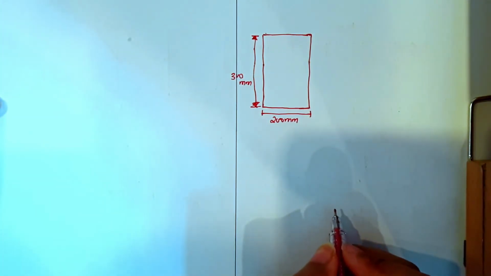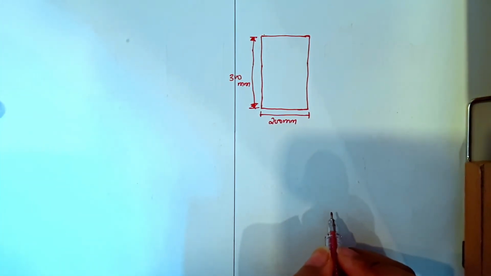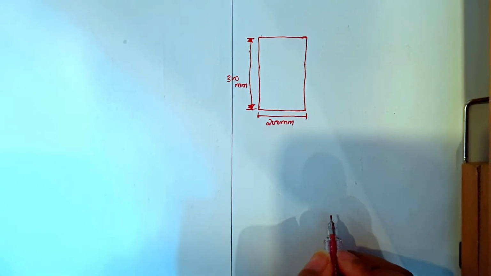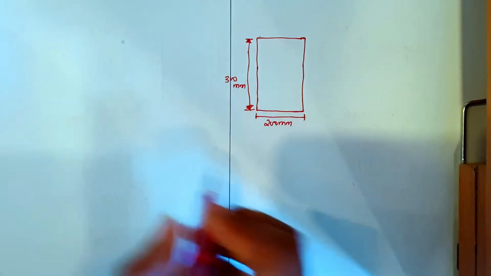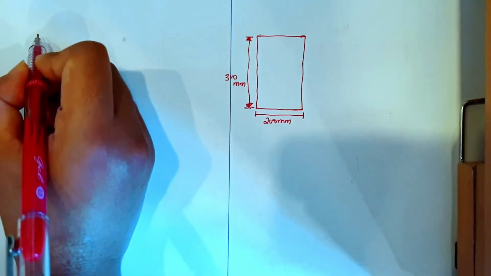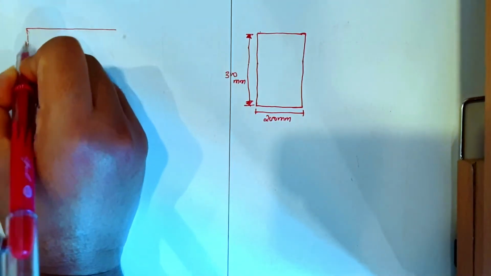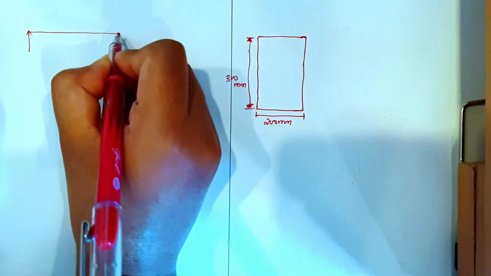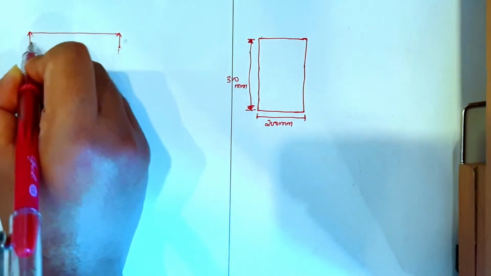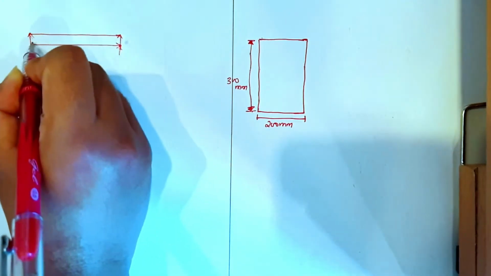Okay, and what else is given? It is simply supported over a span of 3 meters. So it is simply supported, so here simply supported and its span is 3 meters.